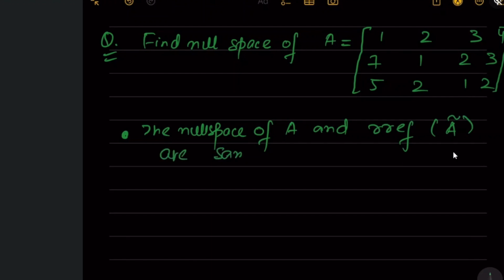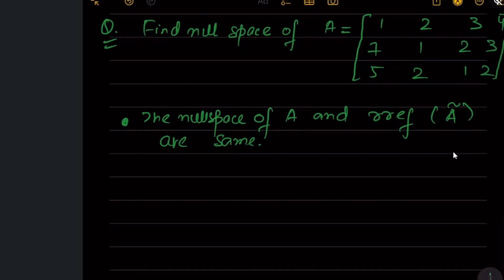There are so many properties which change as we take the RREF, like determinant, etc. But null space remains the same. So first I want you to calculate its RREF. Please do it quickly.